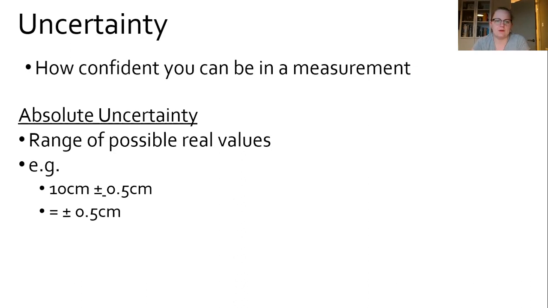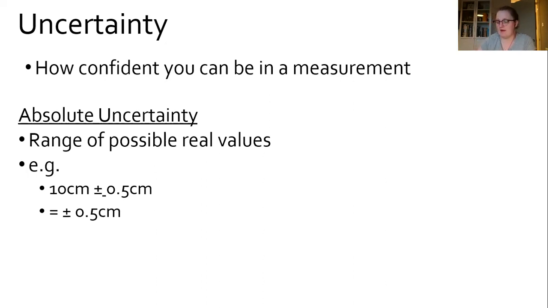The first thing we talk about is absolute uncertainty, and that is our range of possible real values. That relates very closely with our resolution. For example, if you were measuring a piece of string and it was 10 centimeters and the resolution of your ruler was 0.5 centimeters, there is an element of uncertainty that it could actually be 0.5 centimeters longer or 0.5 centimeters shorter.